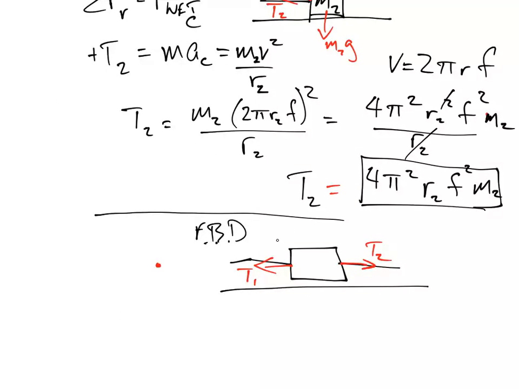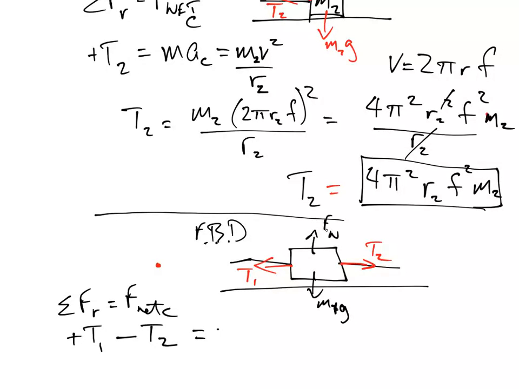So now if we say summation of the radial forces is equal to F net centripetal, we've got positive T1 minus T2, and that's going to equal, and those are the only two forces. Obviously, again, you do have M1g and Fn, but these guys cancel each other out, so we can forget about them again.